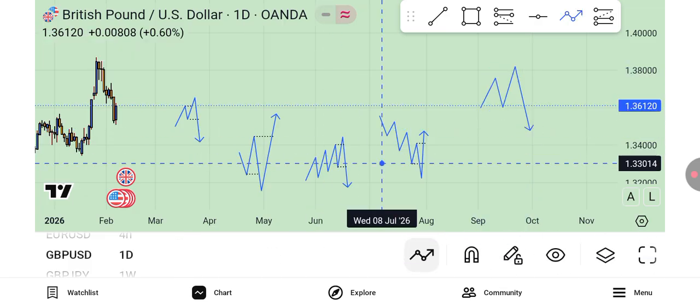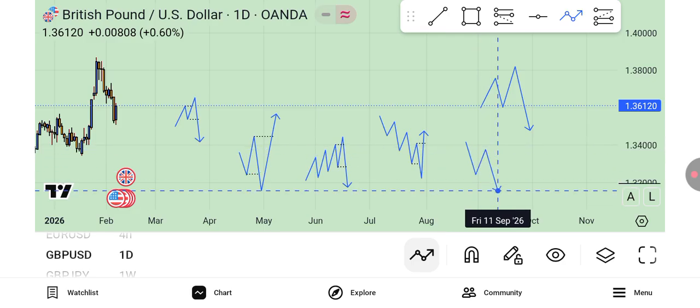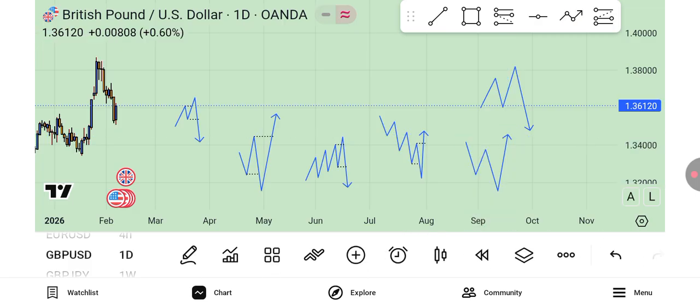And this is my strong low. The market breaks structure and disrespects the previous high or previous low that had been formed, which was being respected before. So that is strong high and strong low.